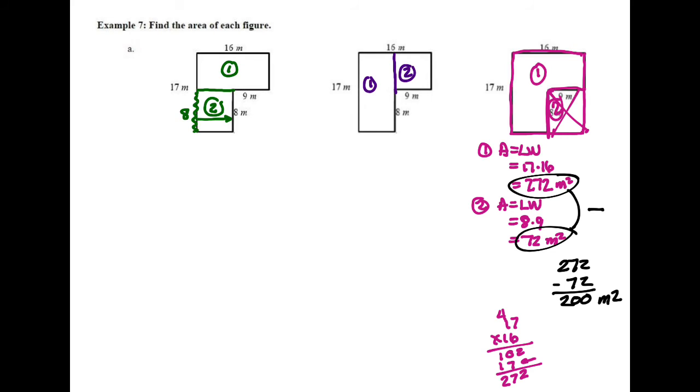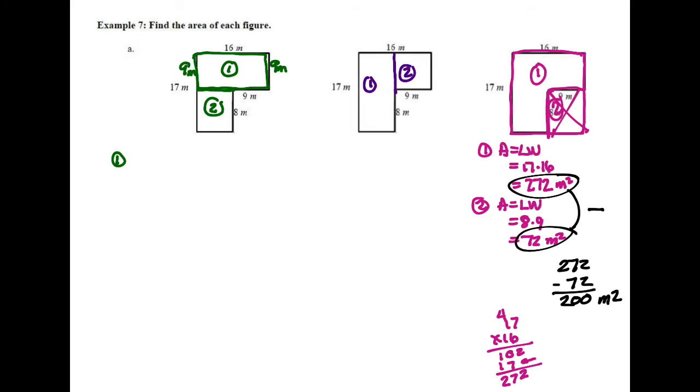So if this is 8, 17 minus 8 is 9. So that part, which is also this part, is 9. Let me clean that up a little bit and I'll put the 9 back. So there's 9 meters right there. And it's also this side, so I'll write that in. Now we know the dimensions of this top part.